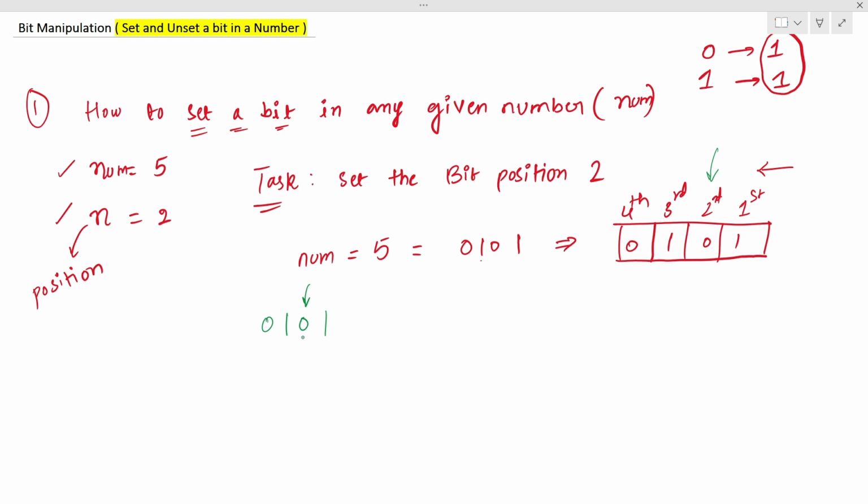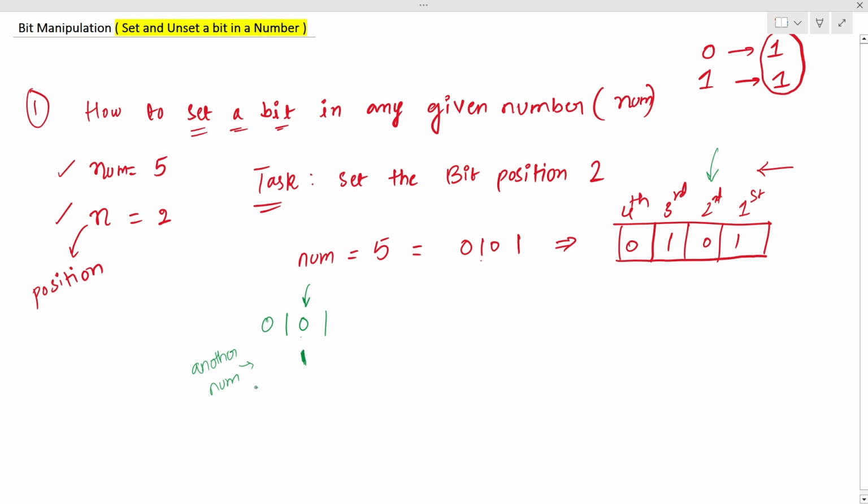If you want to set this bit, you need to make sure that there must be some other number such that the other number has its bit set at this position. Hope you got it, right?